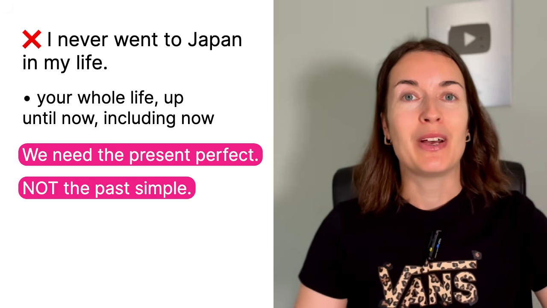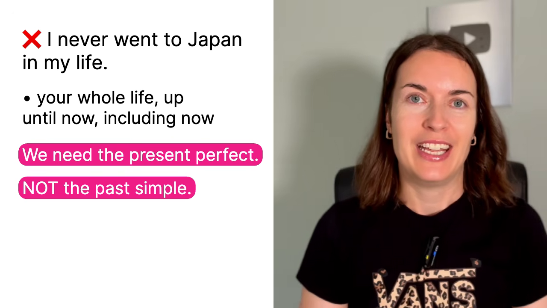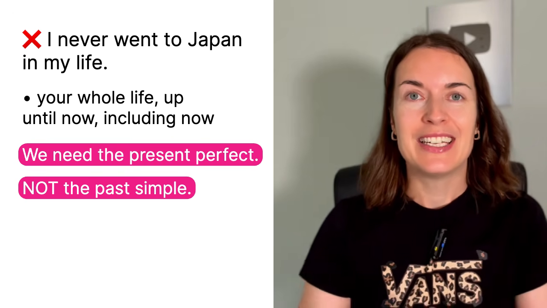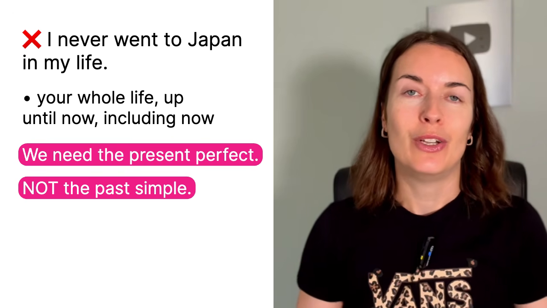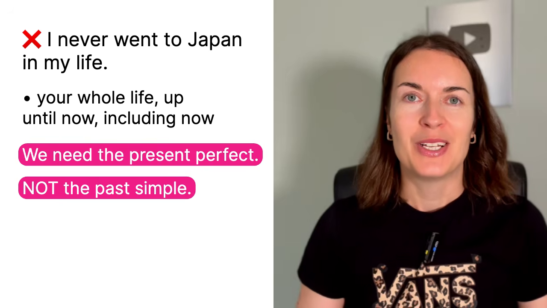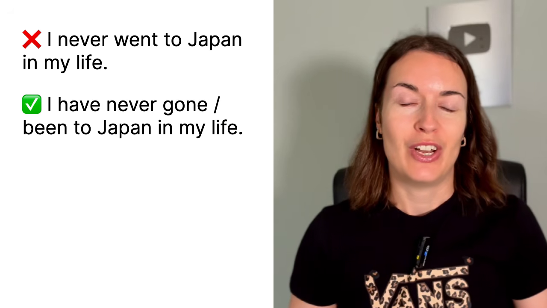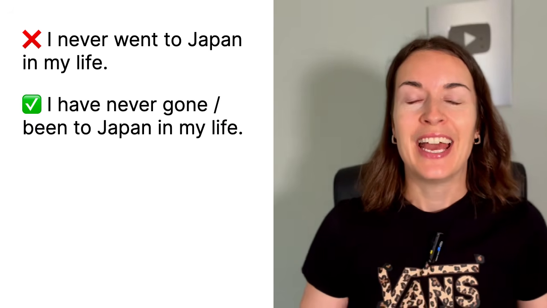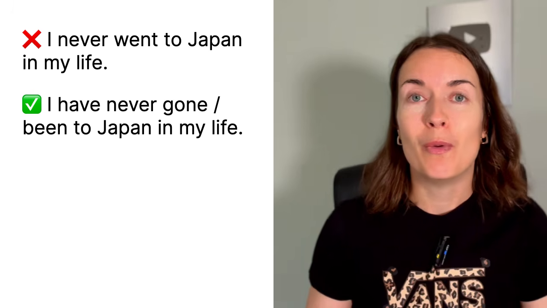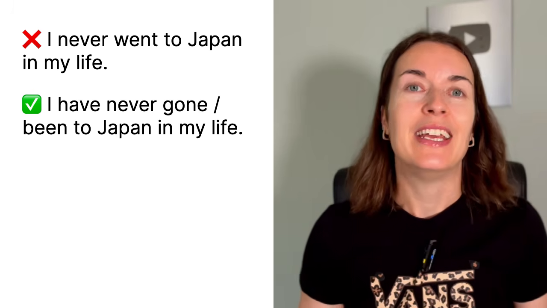So we're talking about everything in the past and the present, including now. So the correct version of this sentence should be, I have never gone or been to Japan in my life.